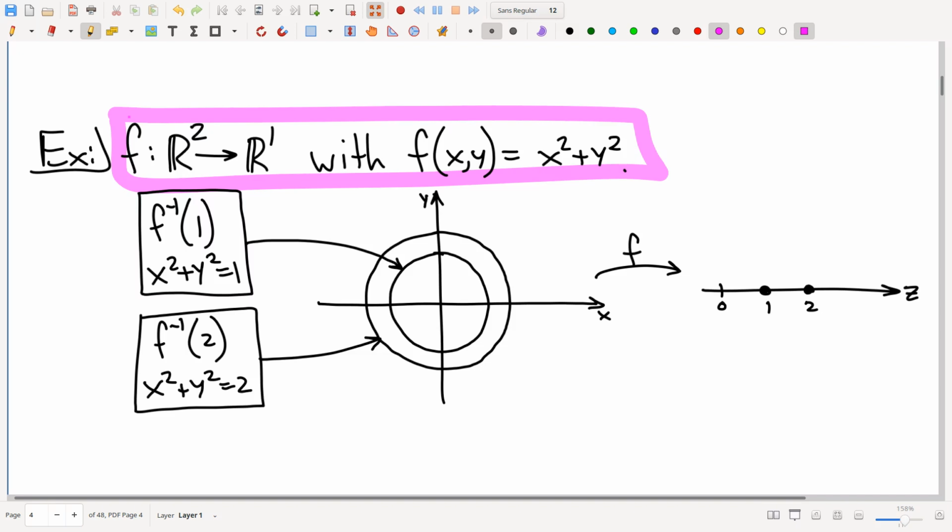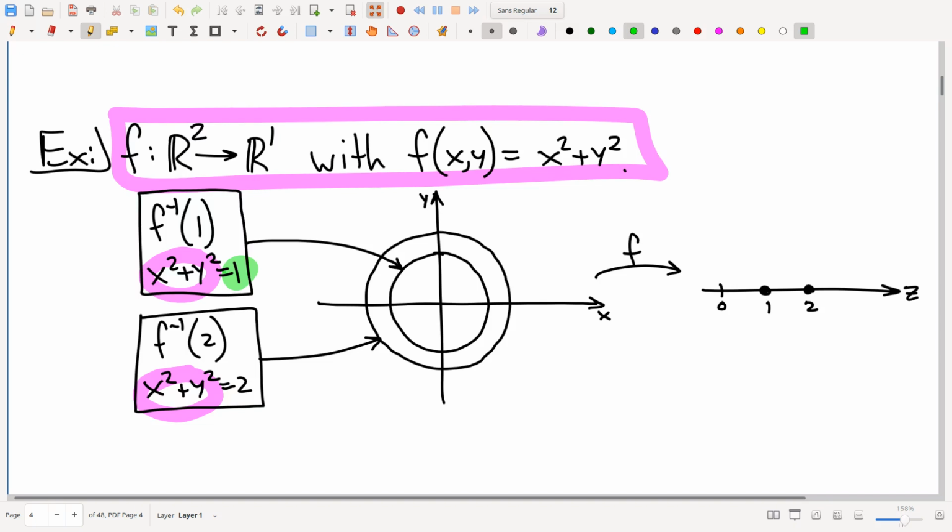The reasonable different alternative that I'm going to do goes as follows. I'm going to take the values of the function, always x squared plus y squared, and set them equal to various constants. So if I were to set x squared plus y squared, the value of the function, equal to 1, well, I know what that is. That's a circle, right?